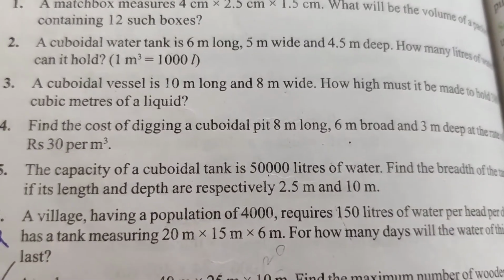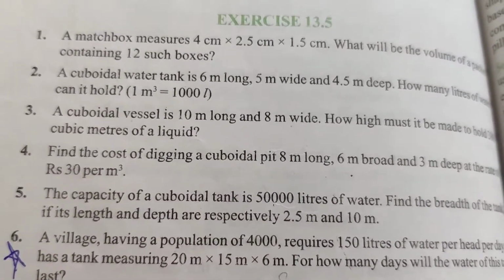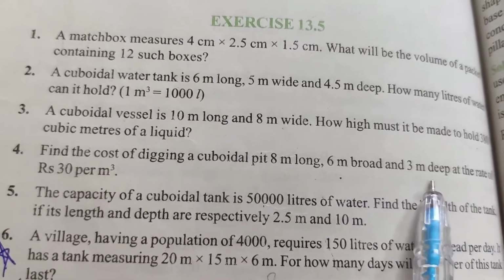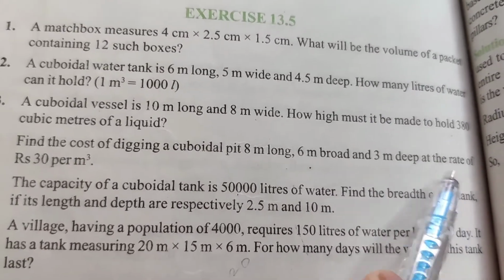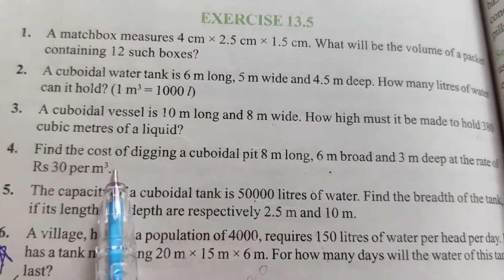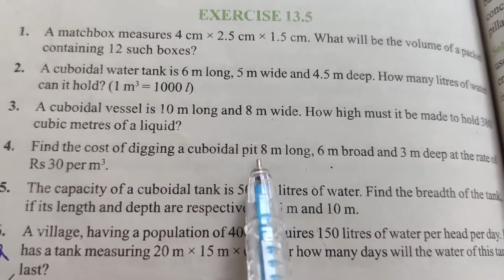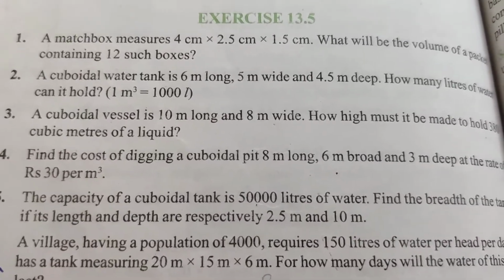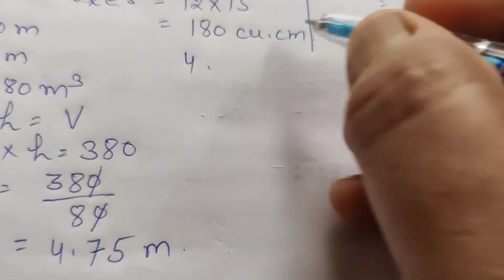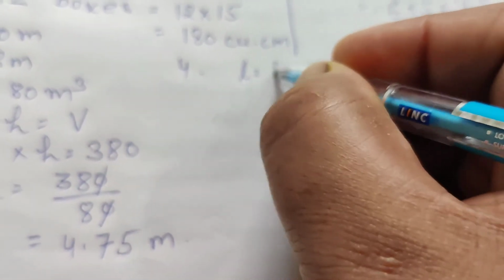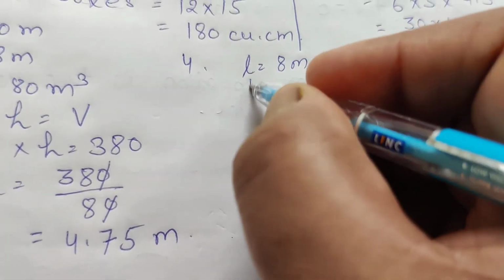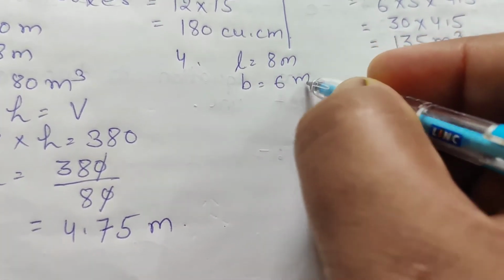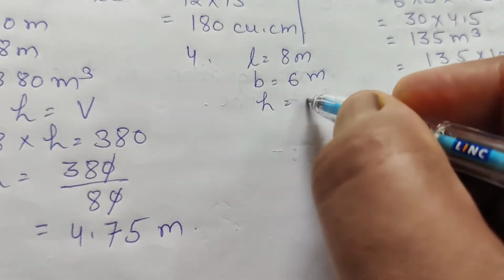Next question. Question number 4. Find the cost of digging a cuboidal pit 8 meter long, 6 meter broad and 3 meter deep at the rate of rupees 30 per meter cube. Simple. We have to find the volume of the pit and multiply by the cost. Length equals 8 meter, breadth equals 6 meter and height equals 3 meter.